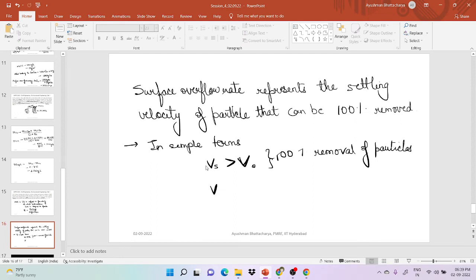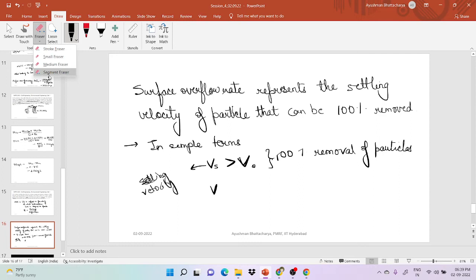If this is the settling velocity of the particle Vs, and Vs is less than V naught, where V naught is the overflow rate, then to know the percentage of particles removed, we have to use this formula.